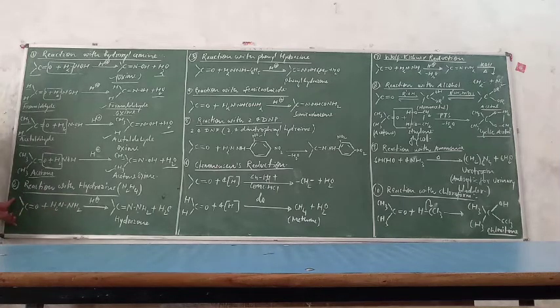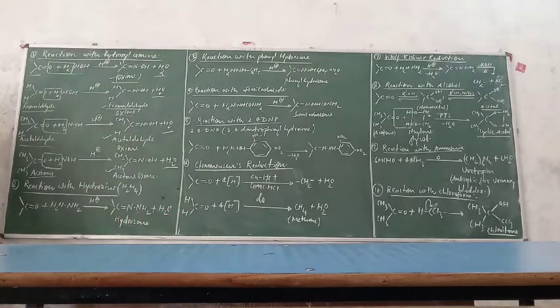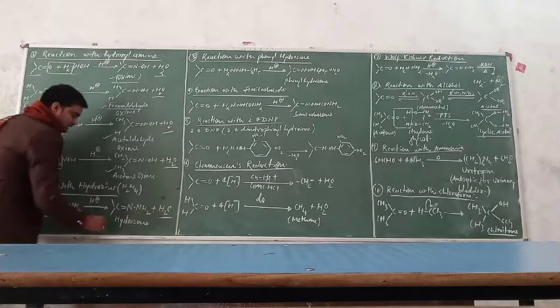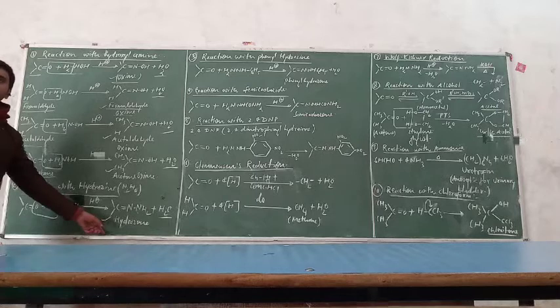And when hydrazine is treated with carbonyl compounds or the carbonyl group, then the two hydrogens of the hydrazine react with the oxygen to form the water molecule, and the corresponding product is known as hydrazone. Clear? When you use hydrazine, the product is known as hydrazone.